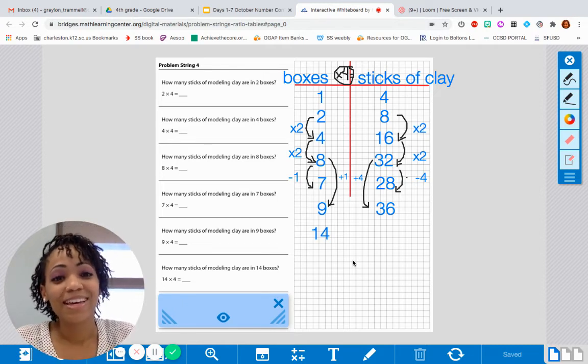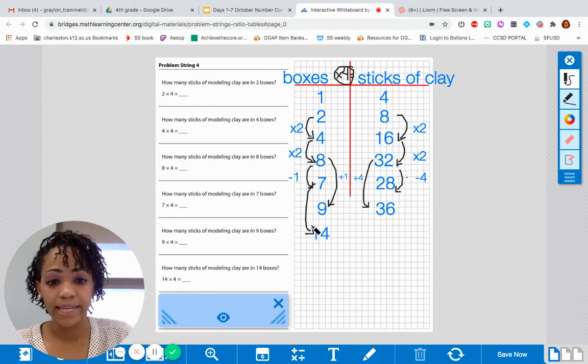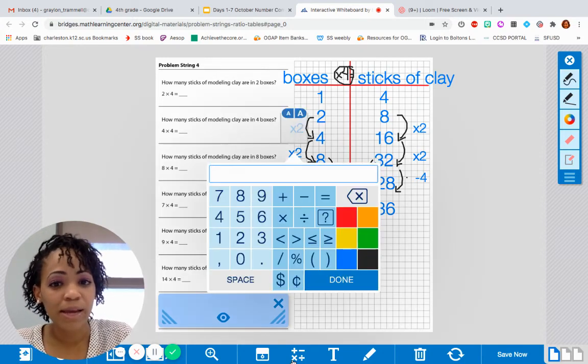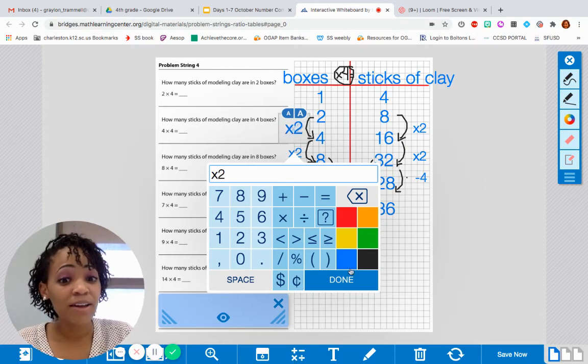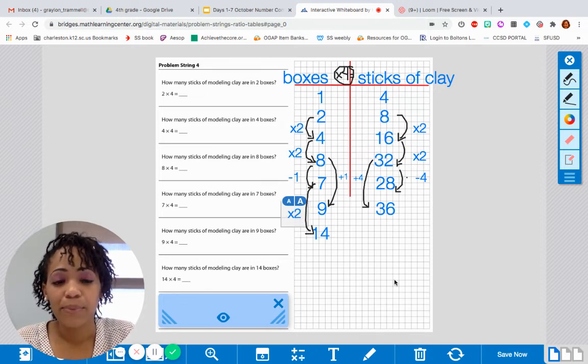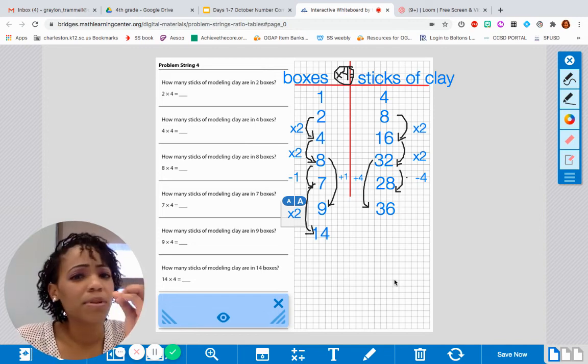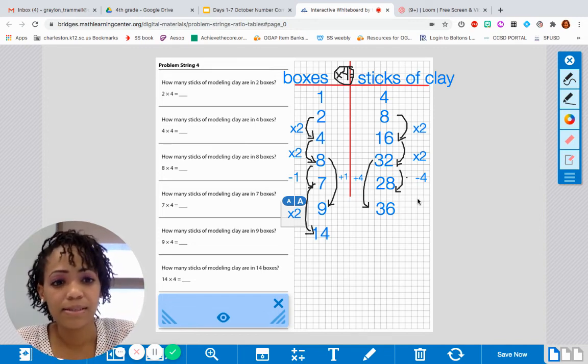You too? That's awesome. What do we know about doubling 7? When you double 7, you get 14. And we just talked about not long ago that when you double one factor, you essentially need to double the product. So you're doubling the amount of boxes, so that means you're doubling the amount of clay pieces that you have.